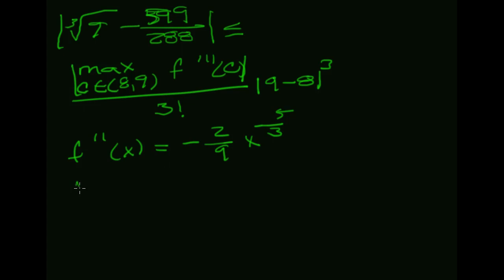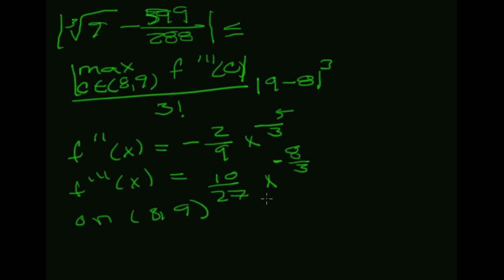So this means that the third derivative of x is going to be positive 10 over 27 x to the negative 5/3 plus 3, so that's going to be negative 8/3. Okay, so this thing is always positive on the interval from 8 to 9.